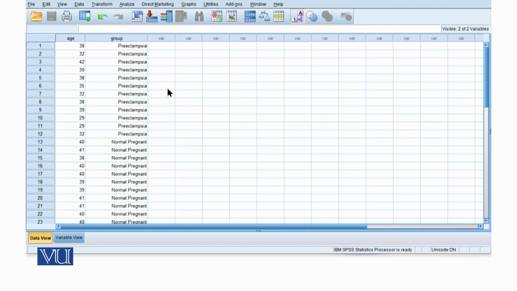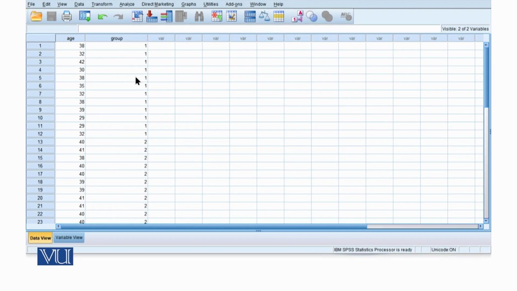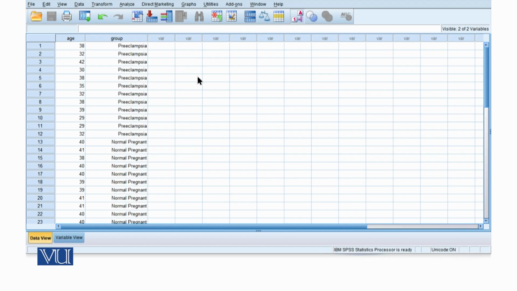So bringing this information, we enter the data for both the groups in the variable age, whereas the group variable will just have an indicator 1 and 2, where 1 means preeclampsia and 2 means normal pregnant. So when we are performing two groups independent sample test, this is how we enter our data.